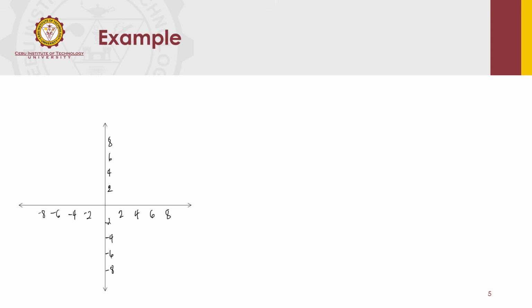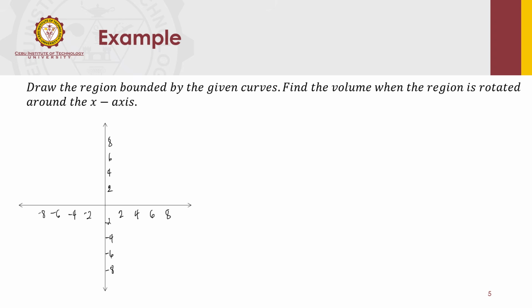For example, draw the region bounded by the given curves and find the volume when the region is rotated around the x-axis. The curves are x plus y equals 8, x equals 0, and y equals 0. Let's start with locating some points on the first curve, which is a line, x plus y equals 8.